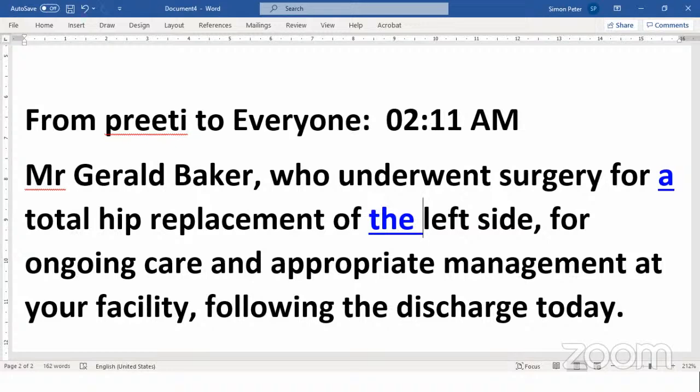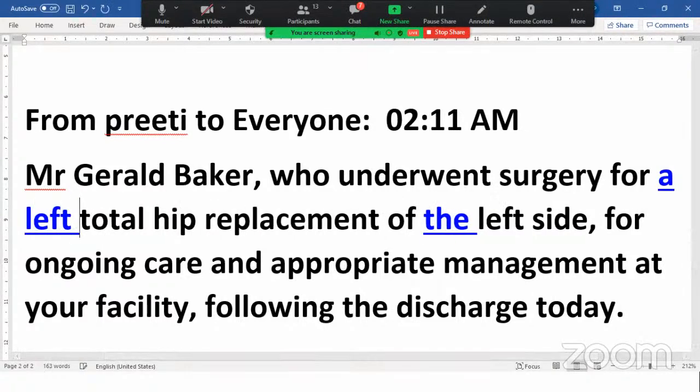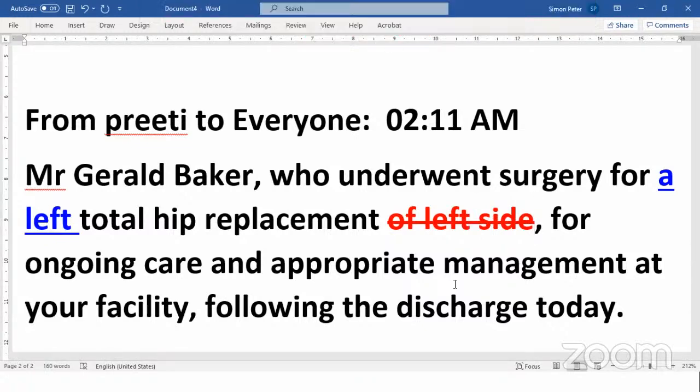Try to understand here, you would have said just left. Why do you want to say left side? Left total hip replacement. So you can remove the 'of the left side'. If you just put the left there, you need not use 'of left side'. You can just write.